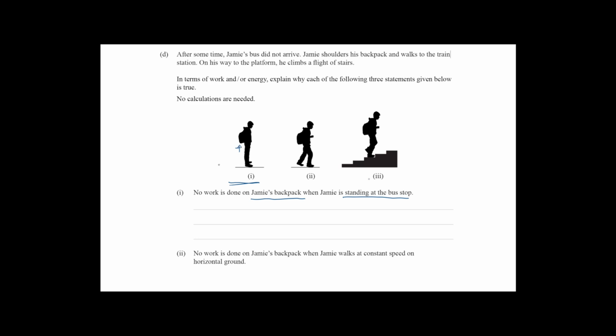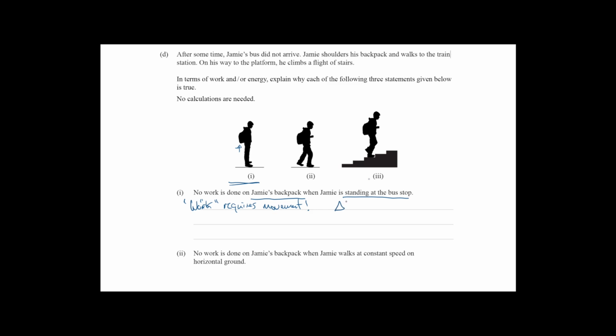But technically, in physics terms, work requires movement. So his legs might be getting tired. He may be actually even burning calories, like standing and keeping this weight up. And unless it's moving, it doesn't work.